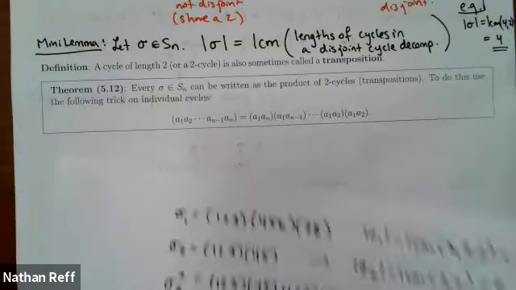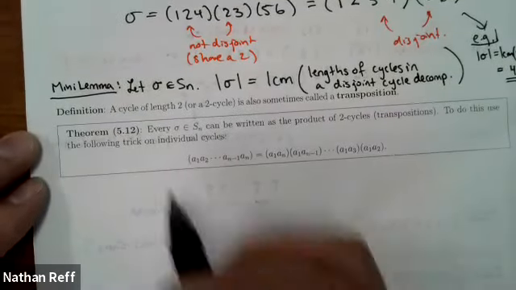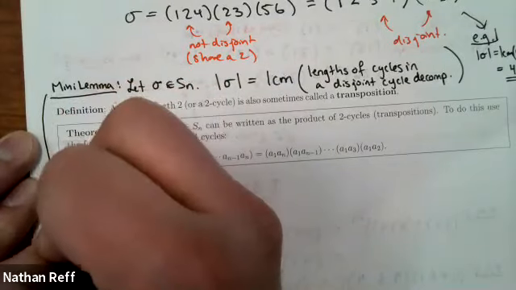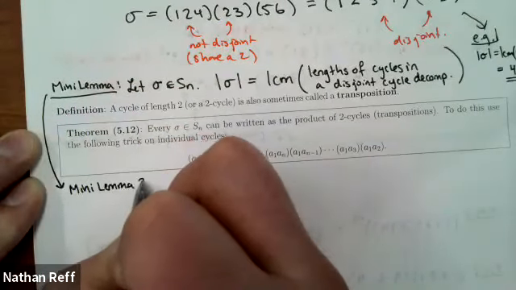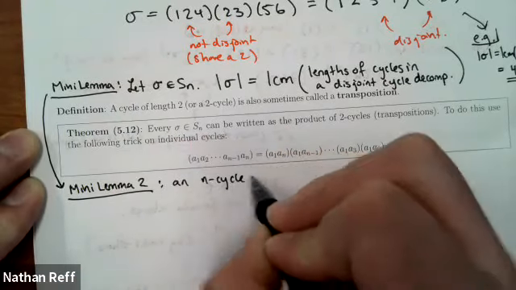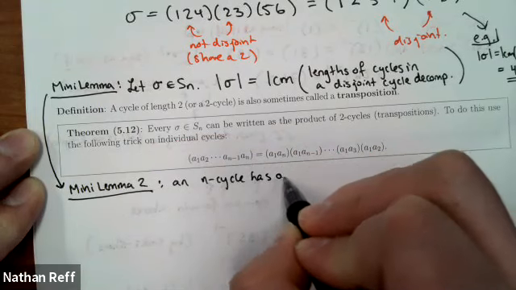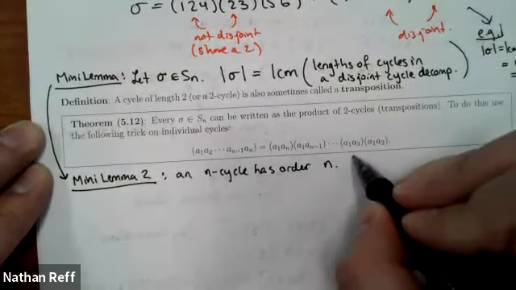So I guess you should say a mini lemma 2. Let's write that here. Mini lemma 2: an n cycle has order n. You guys can check that.